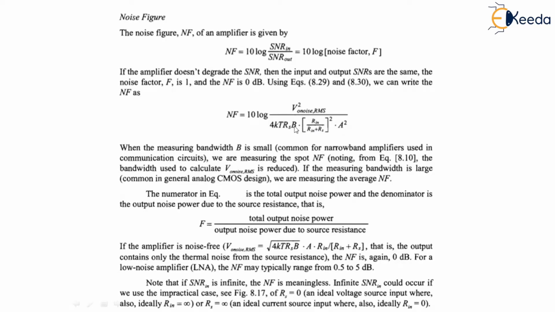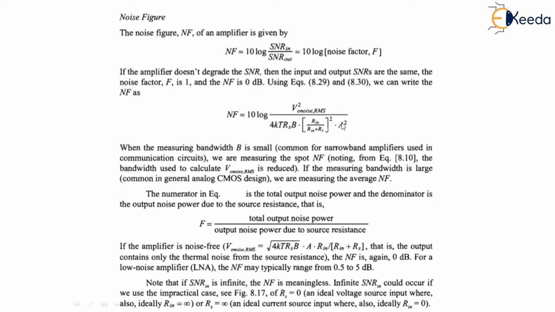When B, the bandwidth, is small, we measure the spot noise figure, and when the bandwidth is large, we measure the average noise figure. The numerator in this equation is the total output noise power, and the denominator is the output noise power due to the source resistance.